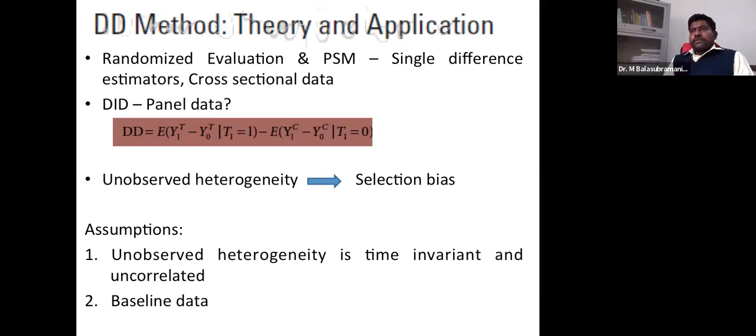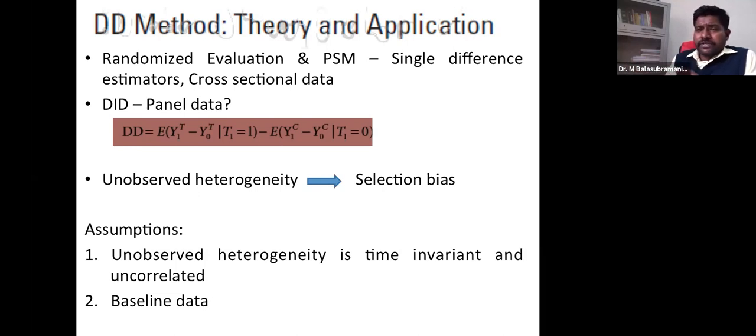Before that, as I said, there are many impact evaluation tools, like PSM, propensity score matching, and randomized evaluation techniques. And beyond that, combining double difference and PSM, and then we can go for instrumental variables and regression discontinuity models.